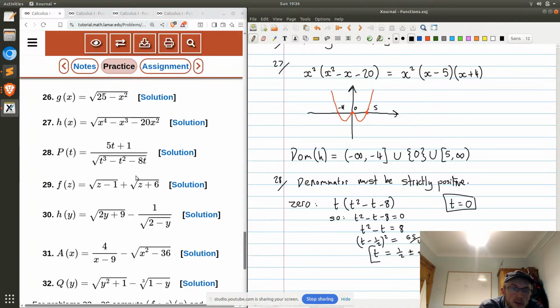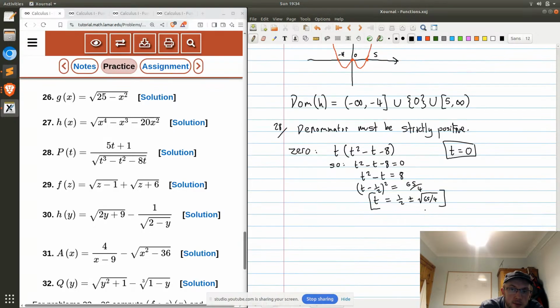Now what? Now we have to figure out where it's negative. So we have to interpret the zeros of the cubic. So we're going to do that graphically.